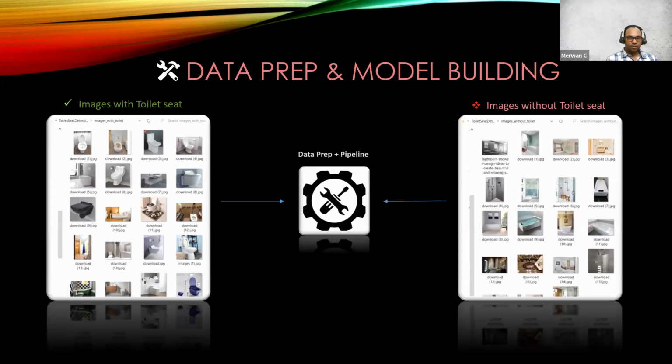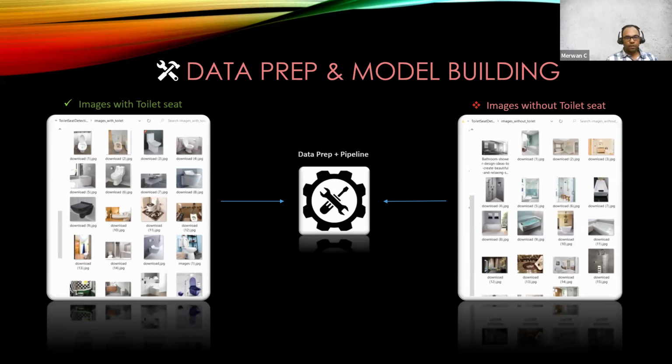So in this exploration of toilet seat detection, our journey starts with two fundamental steps. One is organizing our data, and the second is crafting our model. And these two fundamental steps will bring our project to life.